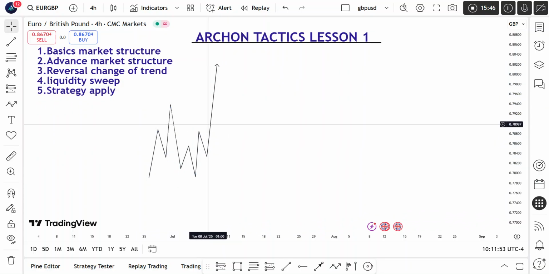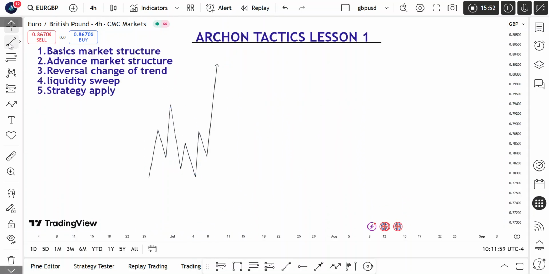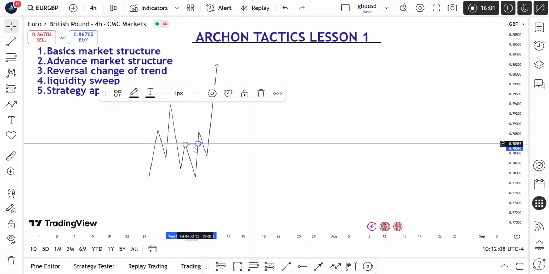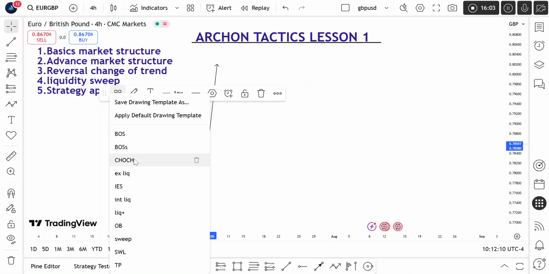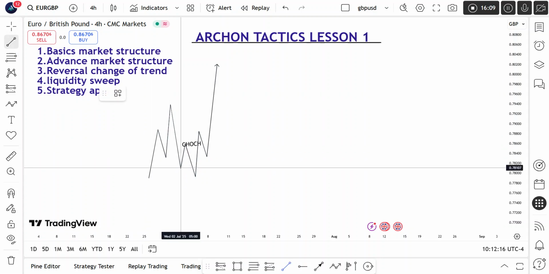This is the sweep of liquidity that happens in the market. This is a change of character first, happening before the trade goes. And then this is it.